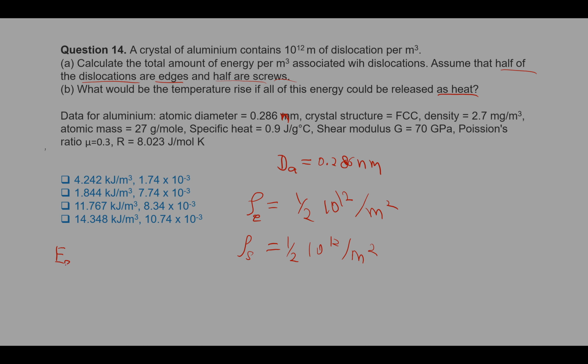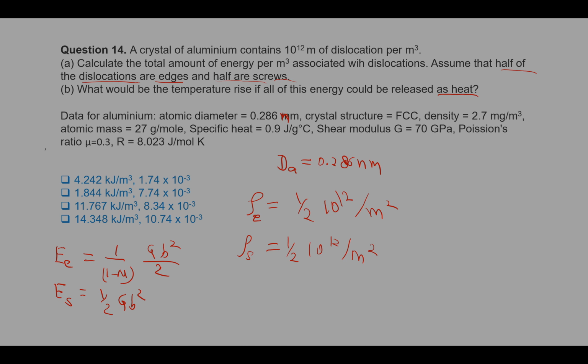Epsilon E, this energy will be 1 upon 1 minus mu, mu is Poisson's ratio, G b square over 2. This is the dislocation energy for edge. And what about the dislocation energy of screw? It is simply 1 by 2 G b square.